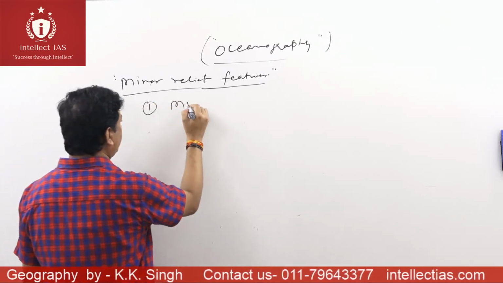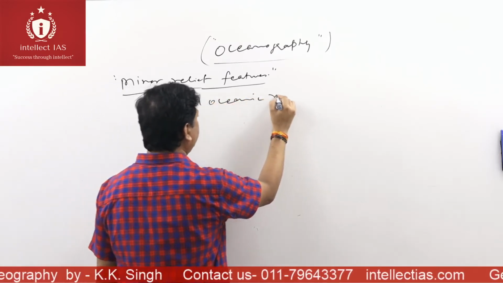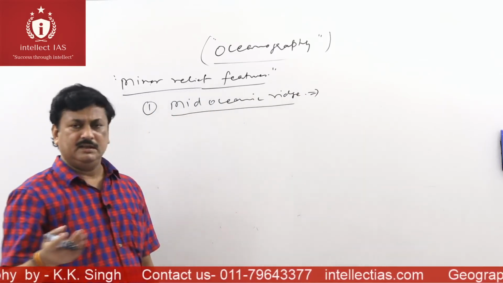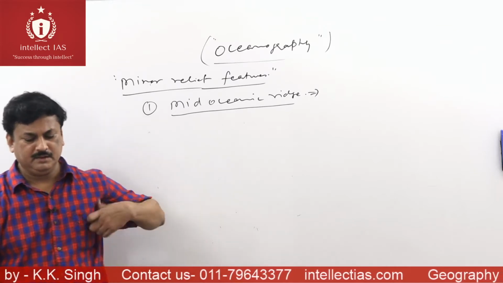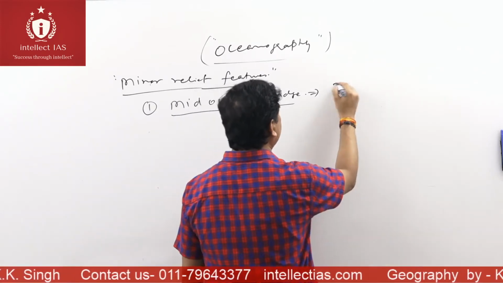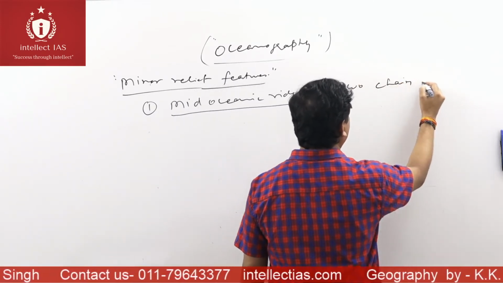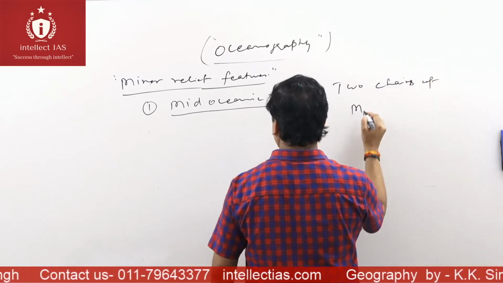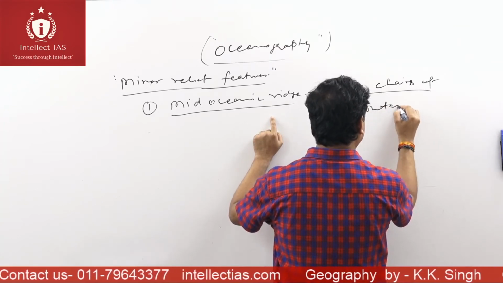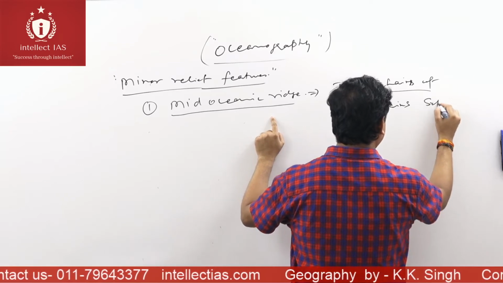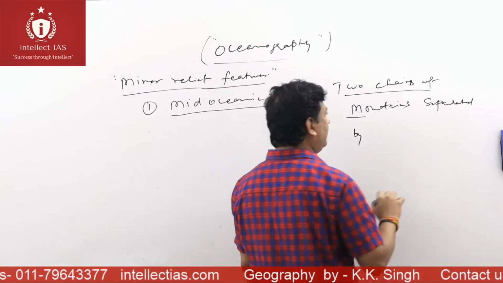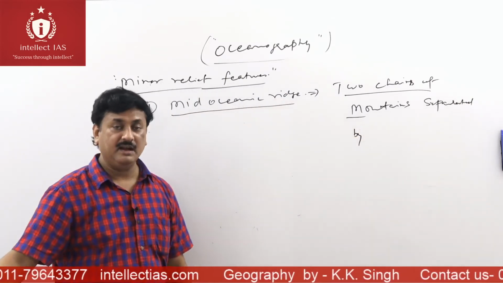First is mid-oceanic ridges. Mid-oceanic ridges are basically two chains of mountains separated by a large depression.